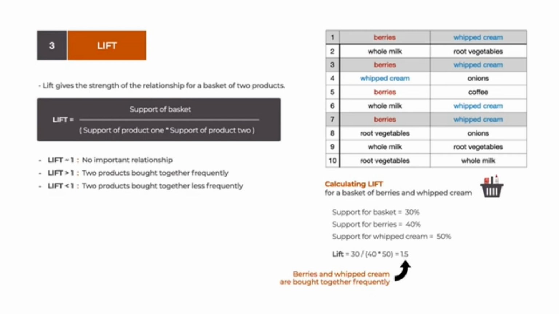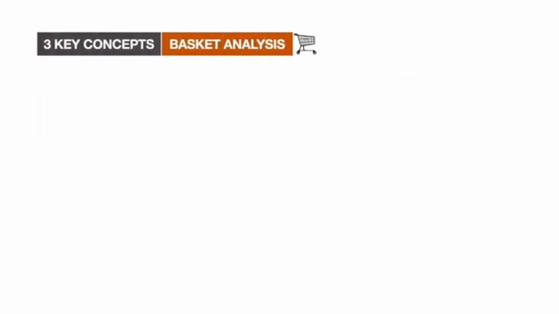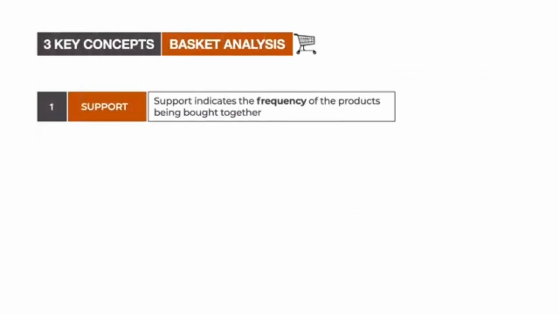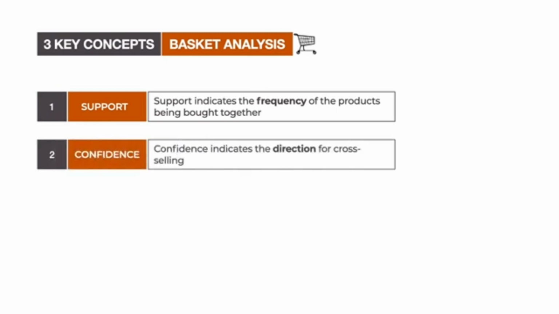So let's recap the importance of these three key concepts. Number one, the support indicates the frequency of the products being bought together. So that means how often are these products being bought together? What's the frequency out of the total number of transactions? Number two, the confidence indicates the direction of cross-selling. So in our case, we learned that berries have more pull for whipped cream.